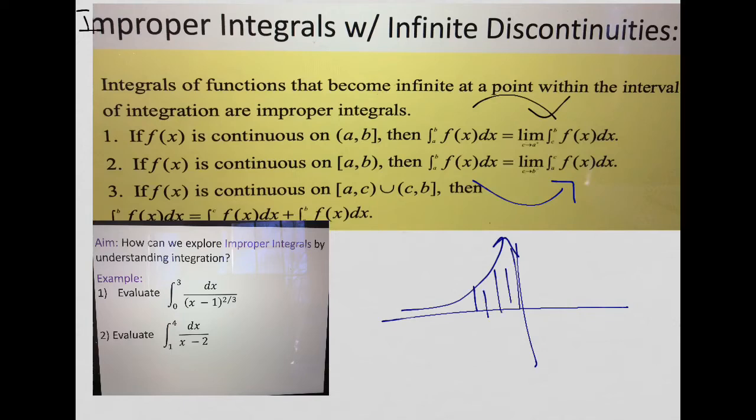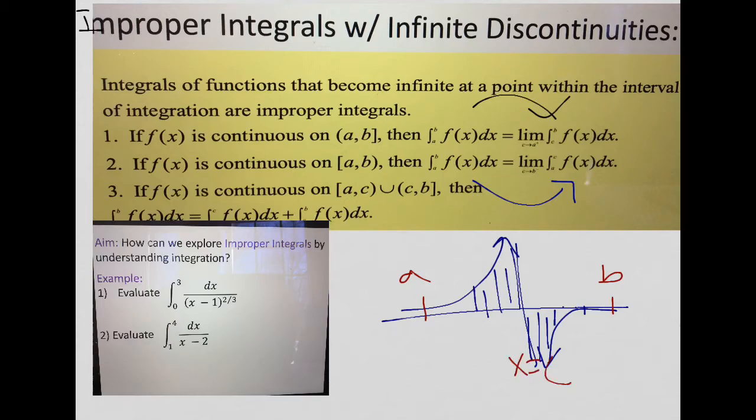Imagine something like this, and we needed to find the area. And last but not least, and then we'll get to examples. If f of x is continuous on this interval, I'm sure you can copy it down, but I'll read it to you. From a to c including a not c, or from c to b not including c but including b. So somewhere there's a vertical asymptote, and we're looking at from a to b, but our vertical asymptote is where x is equal to c.